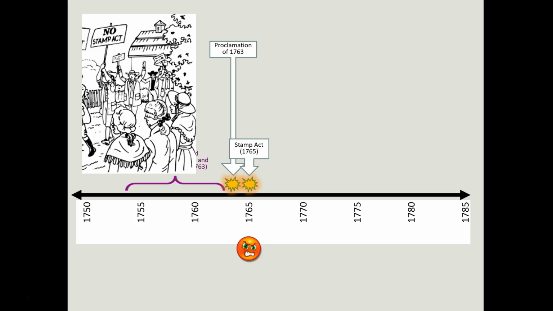The way these people get their news is either by word of mouth or newspapers. So this is making your printers and your editors even more angry after they've already started printing ugly things about the British government. Now they're going to start printing even more ugly things about the British government because they're angry that now they've got to pay more.